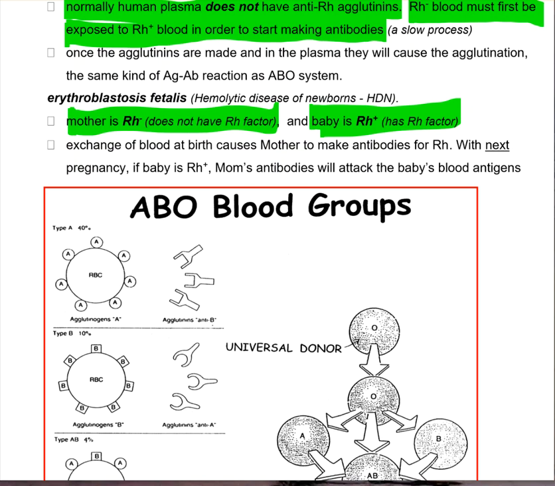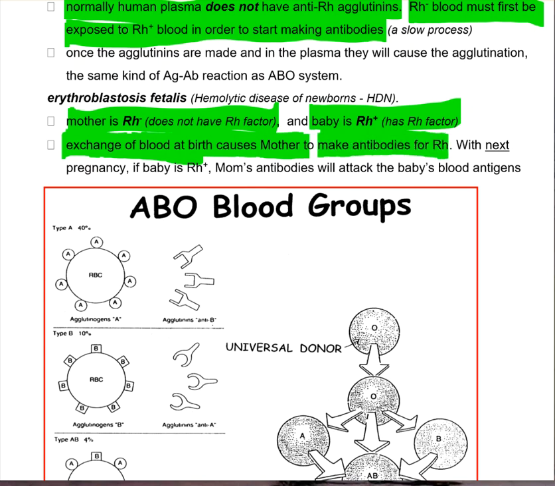So what can happen is if baby's blood is mixed with mom's blood, mom will see this Rh positive blood, and mom will make antibodies against it. Often in first pregnancies, this occurs when birth happens, and there is definitely blood exchange during birth, especially in the placenta regions, because the capillaries of mom and the baby make up the placenta. And so mom will often make antibodies against the Rh positive factor.